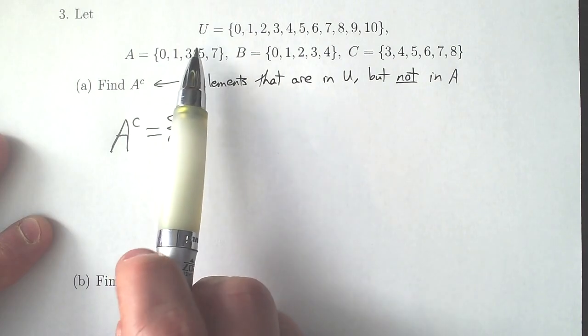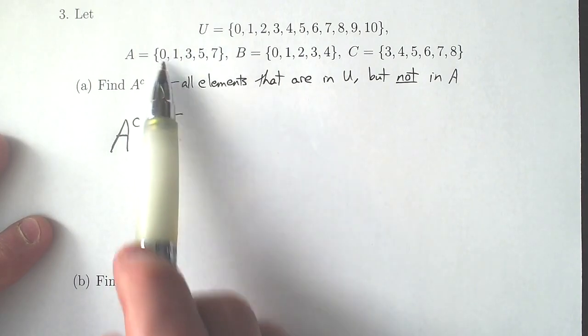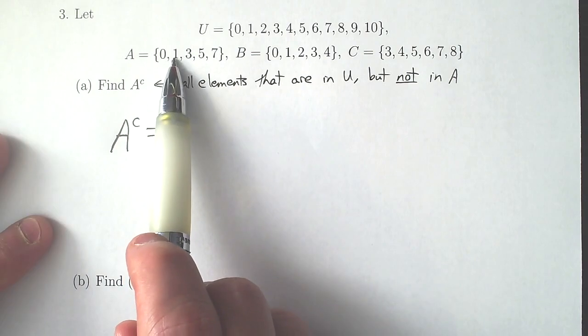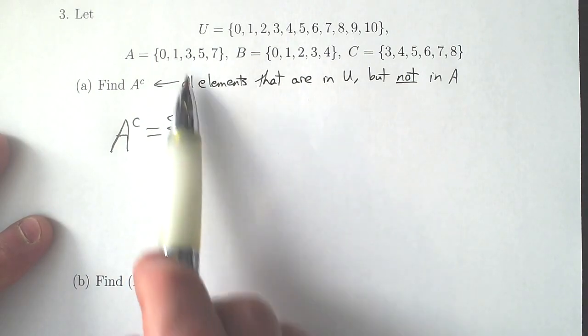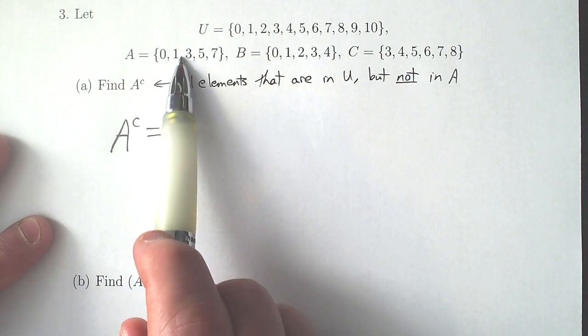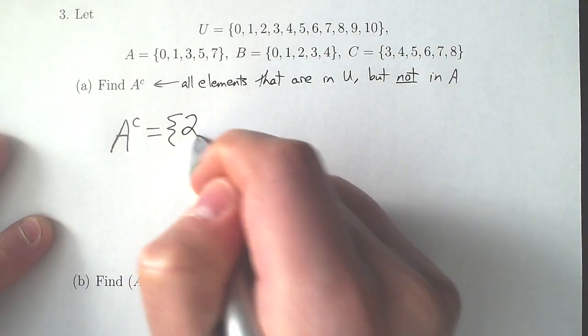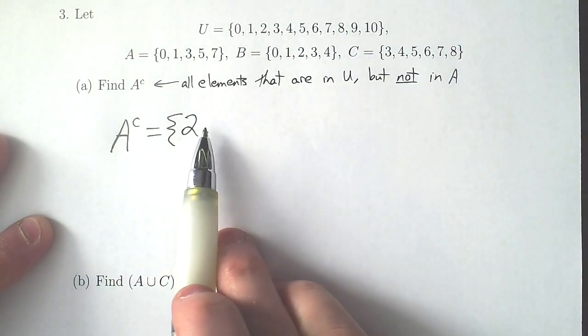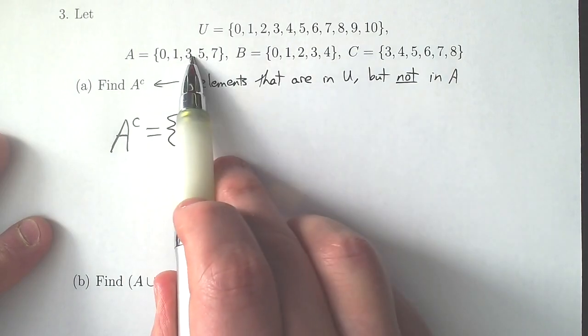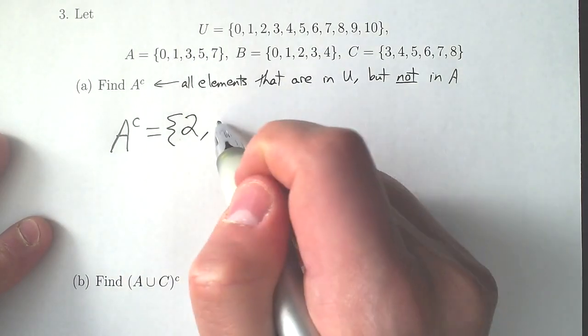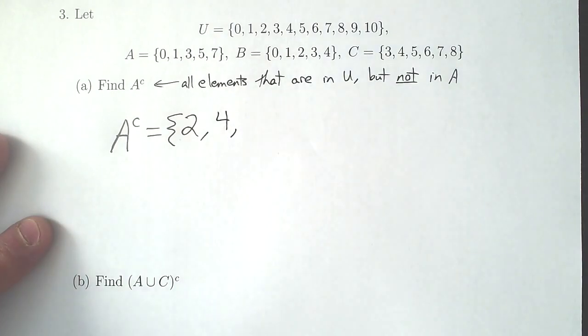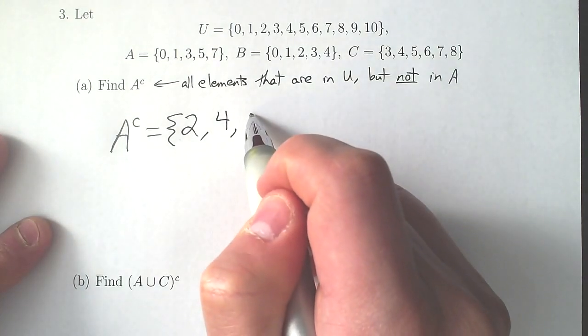But the number 0 is in A, so I'm not going to write it. The number 1 is in A, so I'm not going to write it. The number 2 is missing. 2 is in U, but it's not in A. So it goes here. 3 is in A. 4 is in U, but it is not in A. And keep going like that.